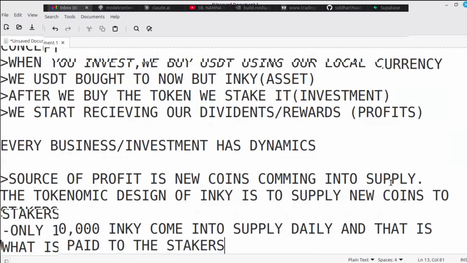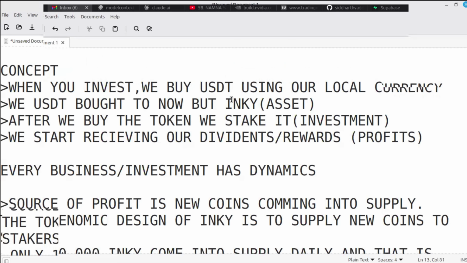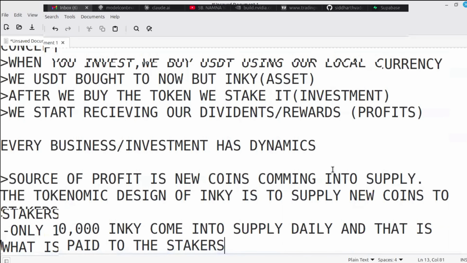The tokenomic design is that only people who have done staking, people who bought the coin and locked it, staked it, are the ones getting a portion of this new supply. And the new supply is limited to only 10,000 ink per day.